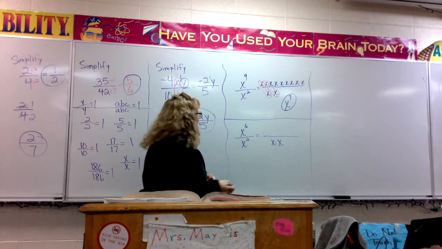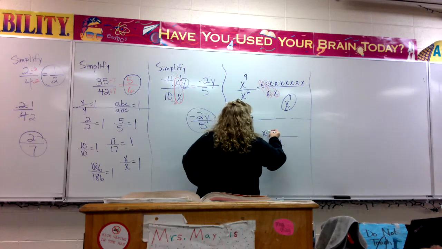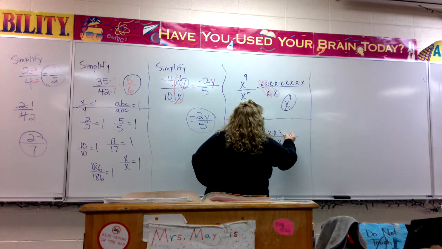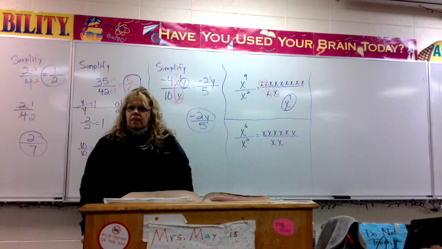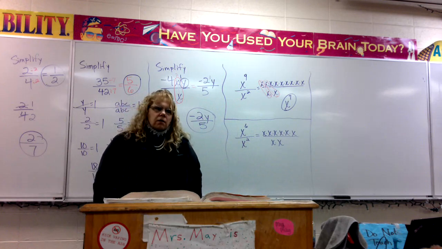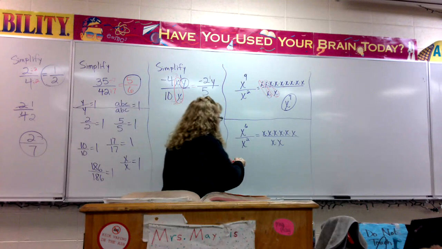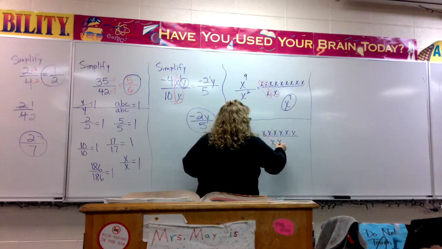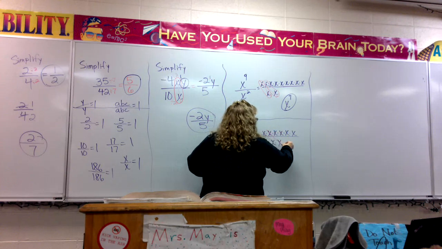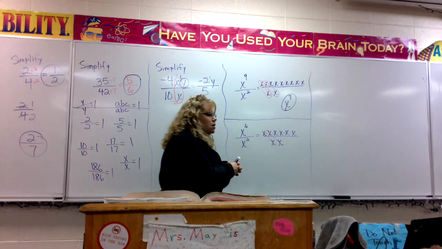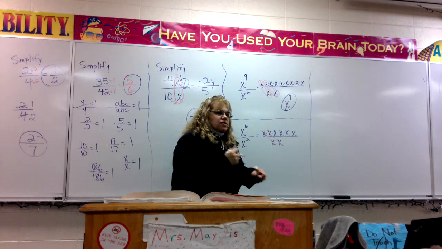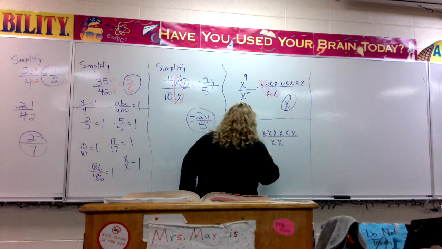On top, x to the 6th really means it's x times x times x, x, and another one, and another one. So what can you do to those? There's a pair. There's a pair. What do you have left there? X to the fourth power.